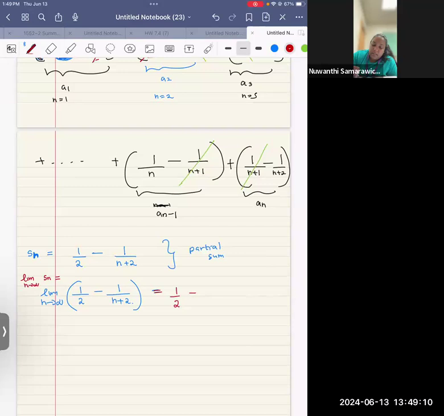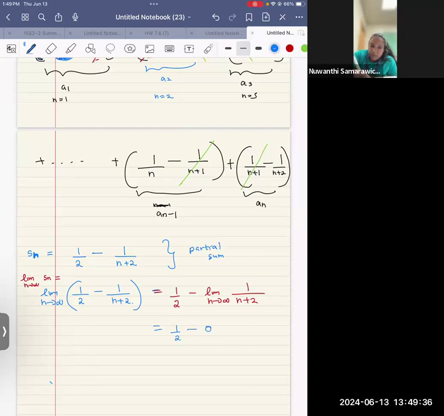The limit of a constant is this constant, minus the limit when n approaches infinity of 1 over n plus 2. It's the same as when n approaches infinity, 1 over n is 0. So this is a half minus 0.